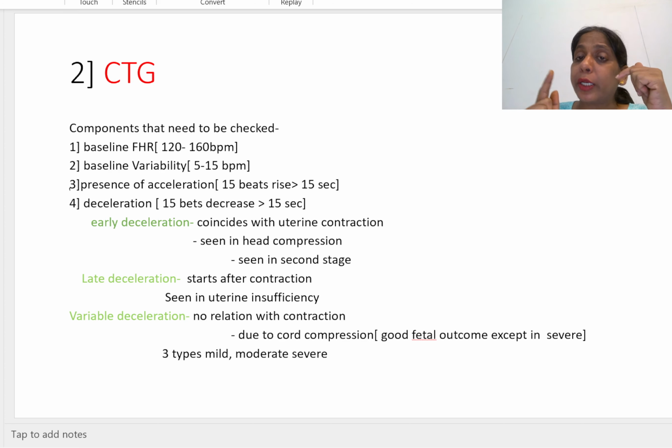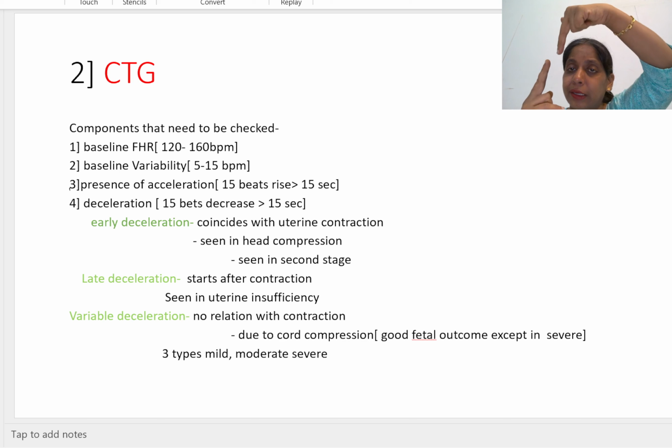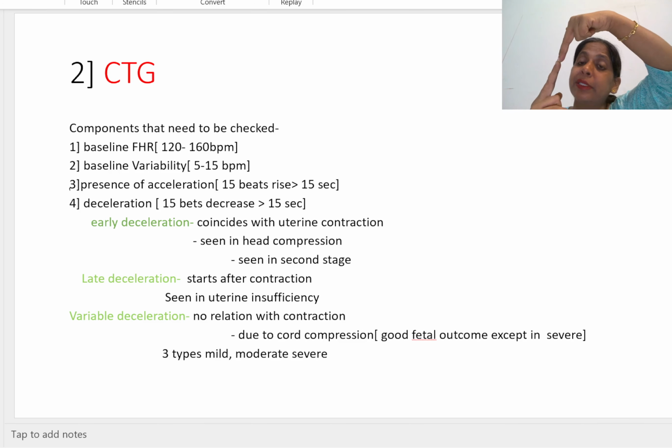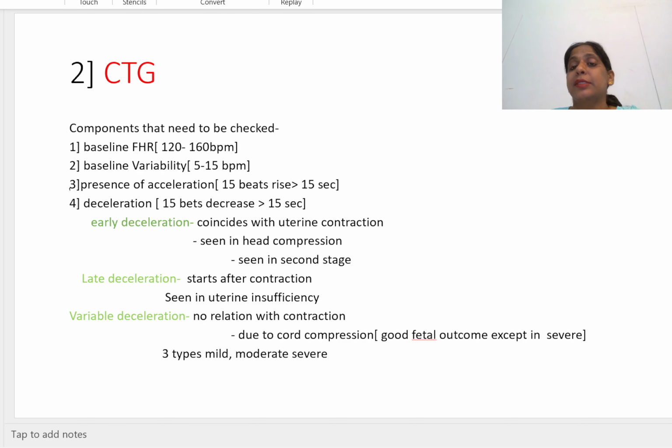Okay, so in the cardiotocograph we have two graphs. First, the above graph is of the fetal heart rate and the lower graph is of the contractions. So we have to see what is the relation of the deceleration and the contraction. If both are coinciding, contraction peak and the deceleration peak is coinciding, it means it is an early deceleration.